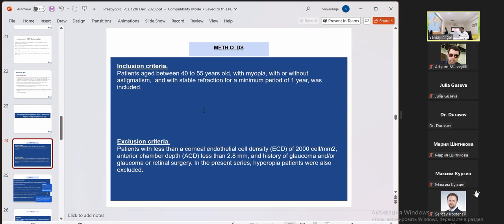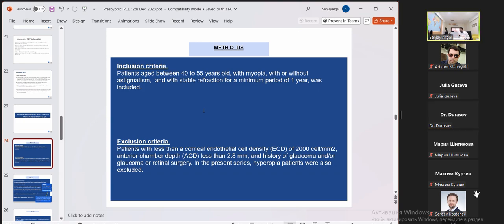The patient must be more than 40 years to 55 years and having more than 1 diopter reading correction. And if the astigmatism is more than 1 diopter, then go for the toric variant.